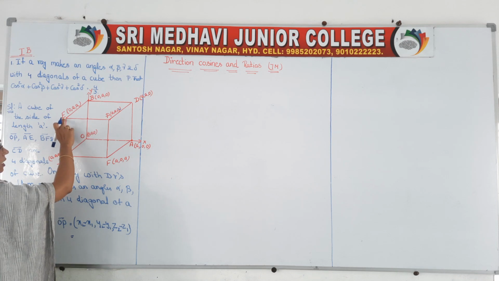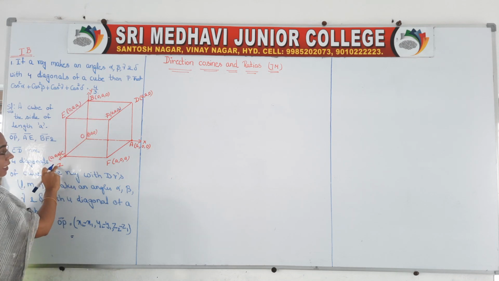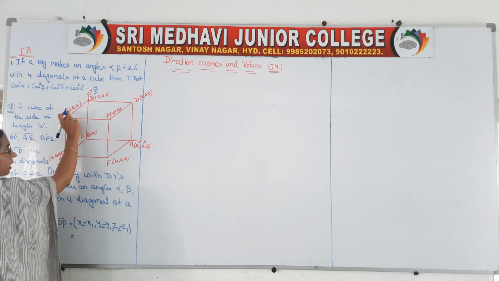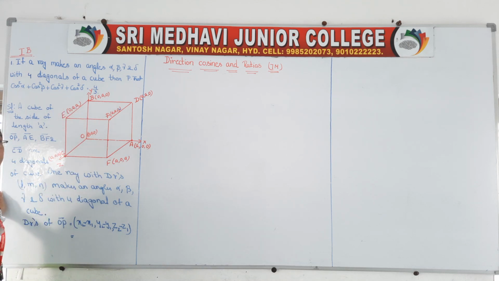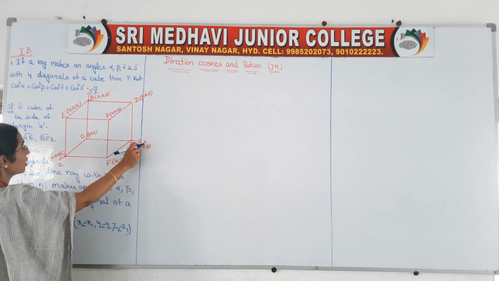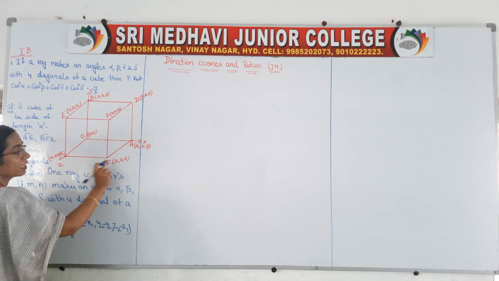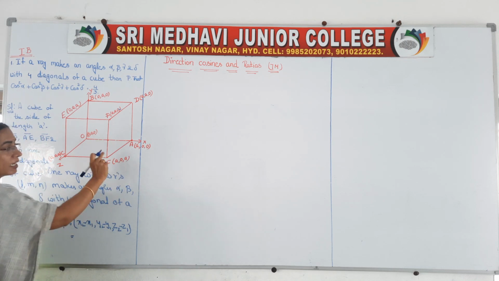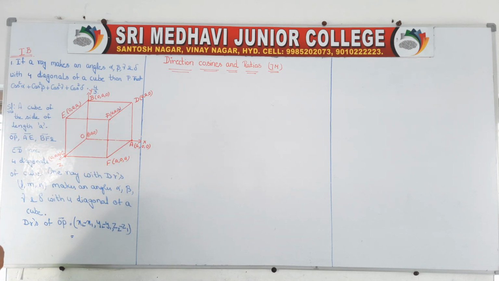Next E is the point in YZ plane. So y coordinate will be there, z coordinate will be there and x coordinate will be 0. F lies on XZ plane, right? That's why x coordinate will be there, z coordinate will be there and your y coordinate is 0.